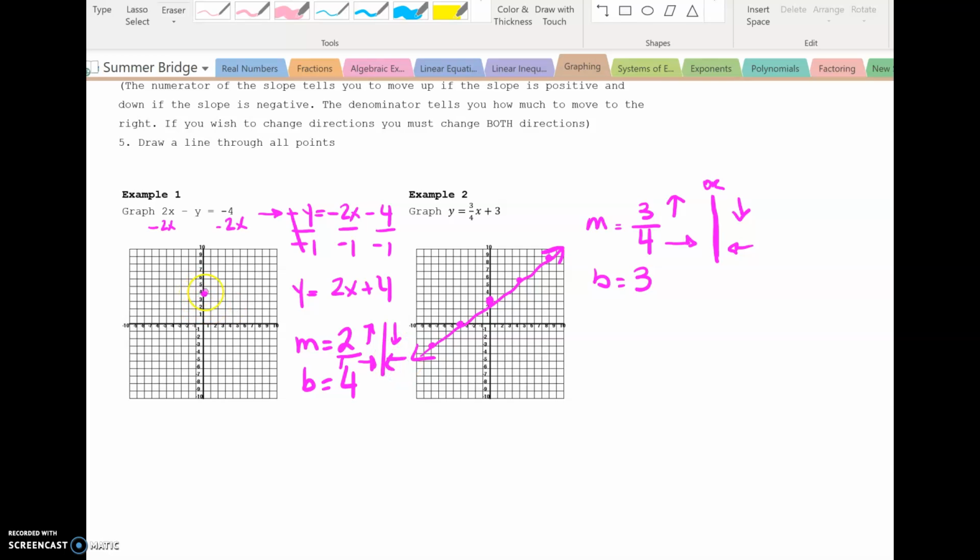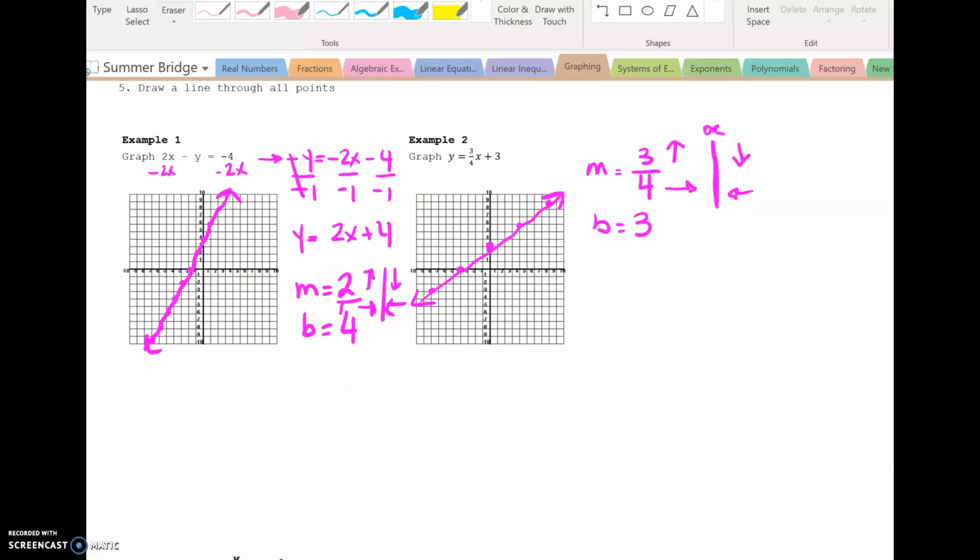So I'm going to go up 2 units, to the right 1 unit, up 2, right 1, up 2, right 1, or down 2 units and to the left 1, and so on. And then we just connect all the dots together. Okay, so that's example 2.